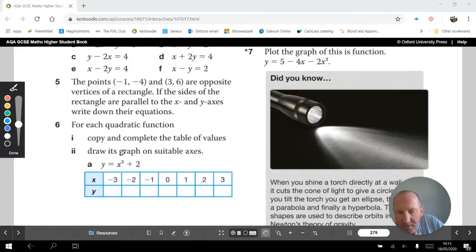Now we're getting on to these quadratic ones. X squared, so that will be -3 times -3 is 9, plus 2, that is going to be 11. -2 times -2 is 4, add 2, that's going to be 6. -1 squared is 1, add 2 is 3. 0 times 0 is nothing, add 2 is 2, 1 squared is 1, add on 2 is going to give me 3.